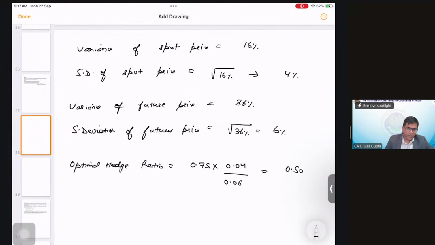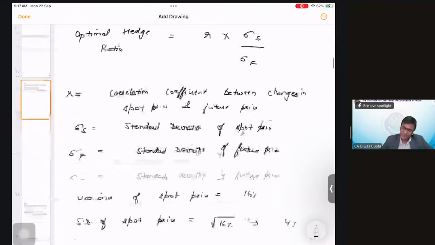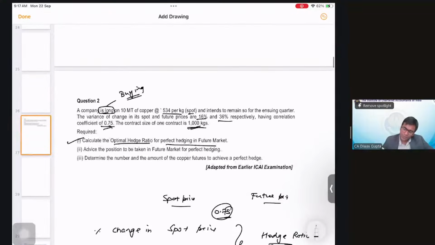Yeah, 0.50. This is approximate. Now, for hedging 1 equity share in the spot market, in futures you need to enter only 0.5 shares. That's the linkage of the optimal hedge ratio.